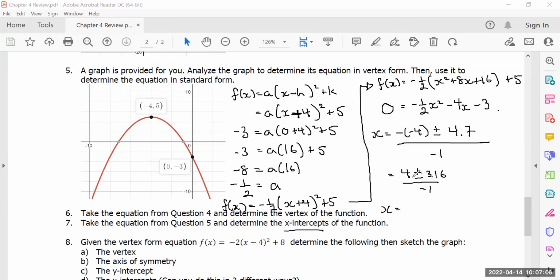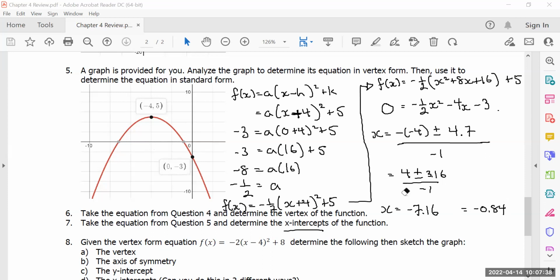So 4 plus 3.16 divided by -1 is going to be -7.16. 4 minus 3.16 divided by -1 is going to be -0.84. And I think that makes sense. Remember, that's an 8, 6, 4, and -2. That looks to be just under -1, and that looks to be just over -7. Okay. So I think we got it.